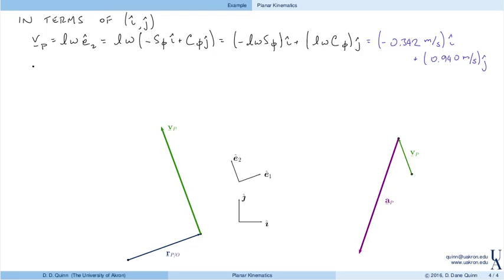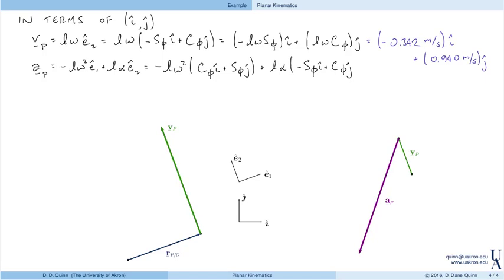So then, turning to the acceleration of P, remember, was minus L omega squared in the E1 direction, plus L alpha E2, or again, using our representation of E1 and E2 in terms of I and J, minus L omega squared times cosine of phi in the I direction plus sine of phi in the J direction, and then L alpha times E2, which is minus sine of phi I plus cosine of phi J. And again, we can group all these terms together.